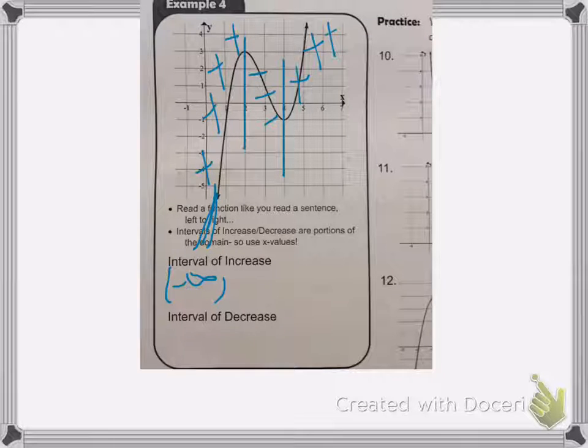And then it's going to stop right here where I drew this line at 2 because that's where my interval of increase stops. I'm going to union that though because it starts back up again with a positive slope at 4, and then it's going to go forever in the direction of the right with a positive slope. The interval of decrease here would be this part sandwiched in between here, which is 2 to 4.